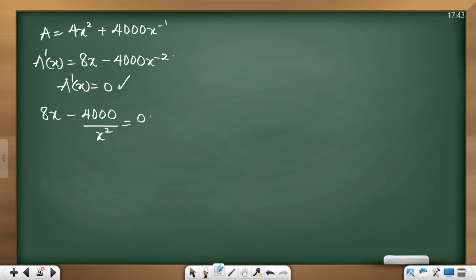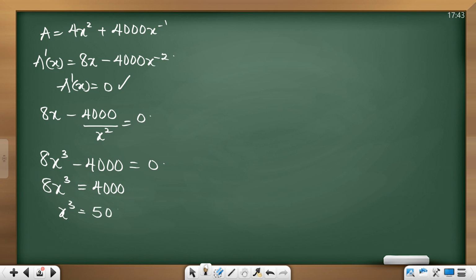What do we have? 8x cubed minus 4000 equals 0. Yes, what's the next step? X cubed equals what? 500.